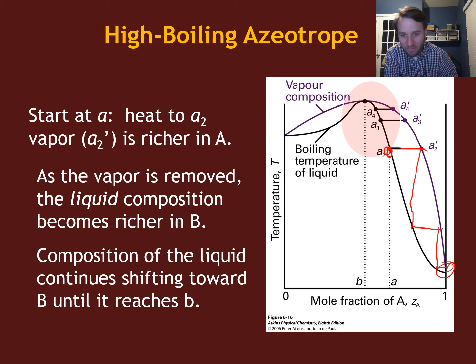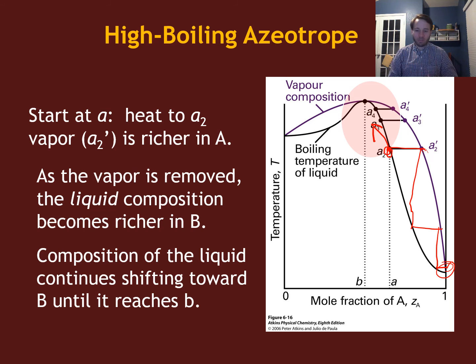But the problem is, as I'm boiling off, and we didn't talk about this in the previous slide, as you're boiling off your liquid and getting higher chemical compositions of A, the liquid that remains slowly gets to lower compositions of A. If I have more A in the gas phase than in the liquid phase, as I keep on boiling it off and generating more A, more B is being left behind in the liquid phase.